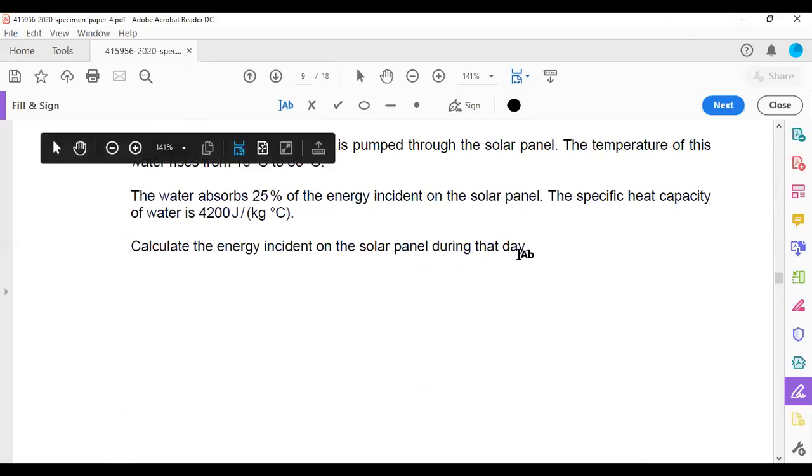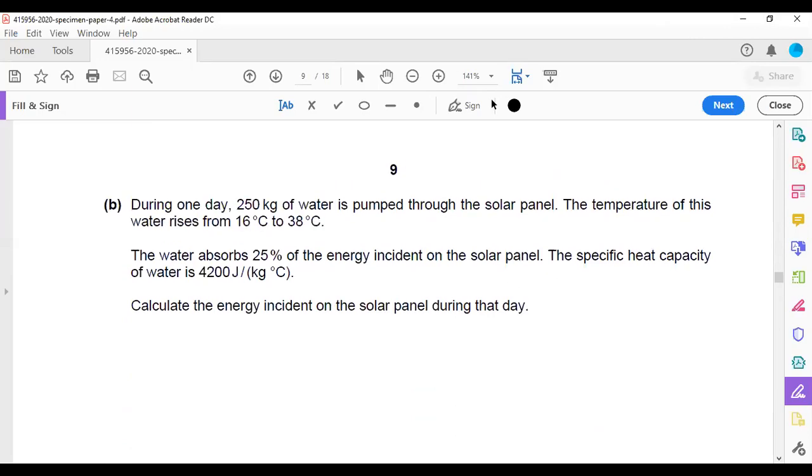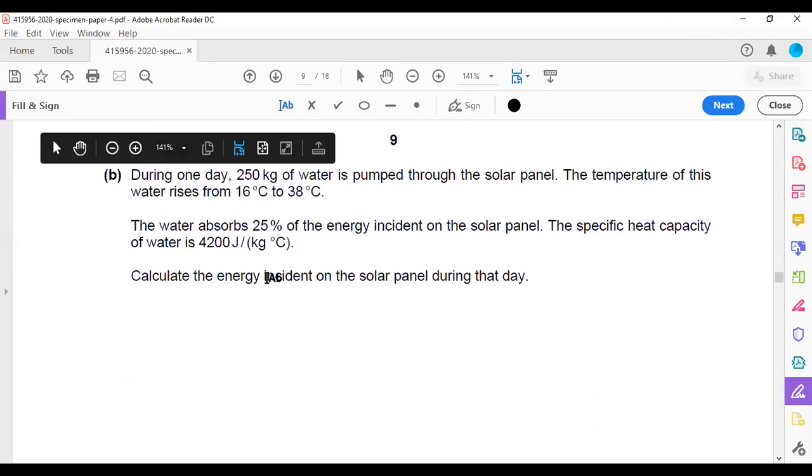Right, the question was asked to say, how can it be more than the original? Your original value is this value. That is what they are asking you to find. The energy incident on the solar panel.